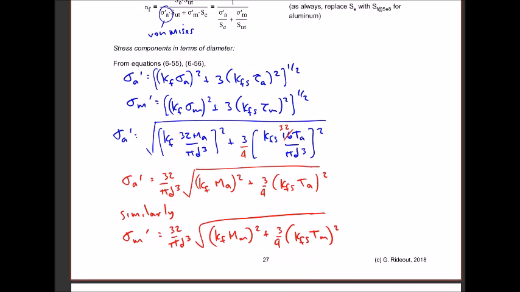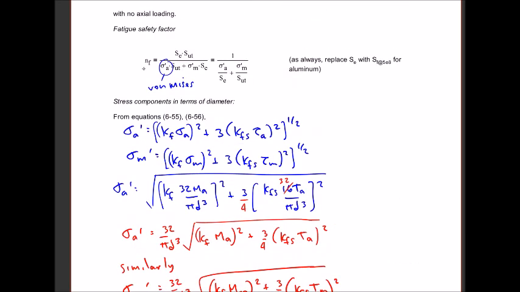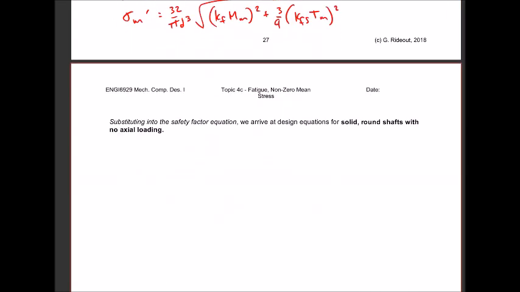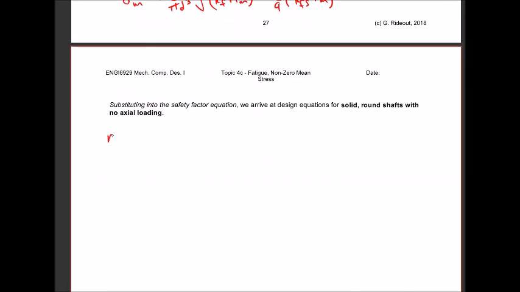Now I can substitute those expressions into the safety factor equation. You see sigma a prime and sigma m prime there. So if I do that, nf, I'll go back to the blue. I think it reproduces a little better. Okay, so what's nf?